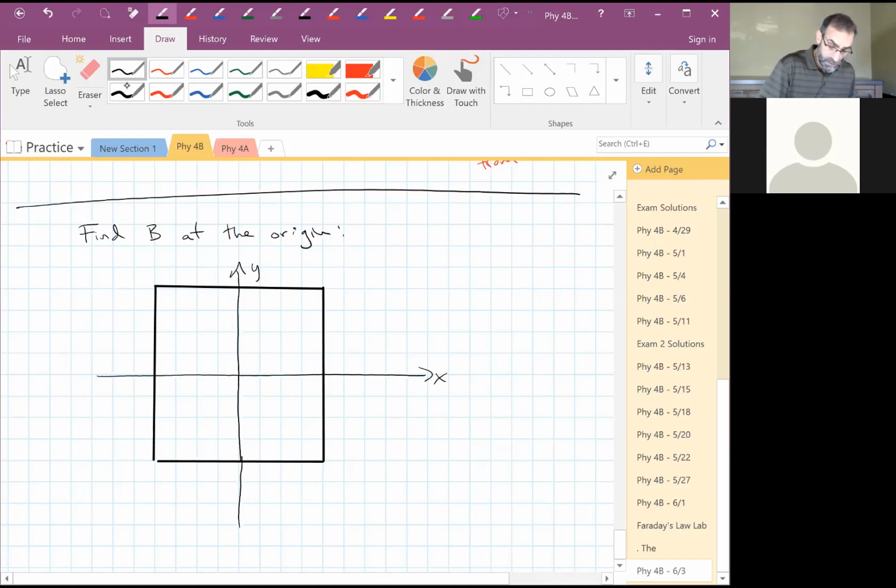And our current, how about clockwise, square current loop.